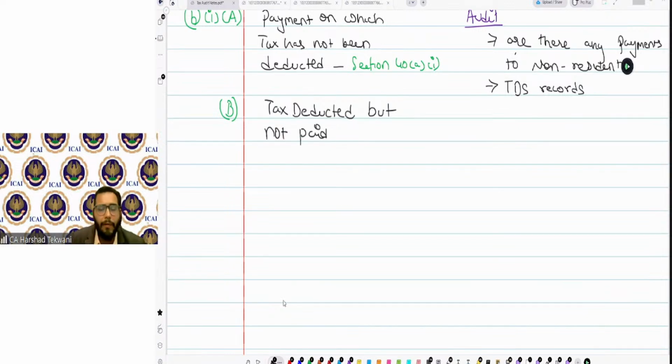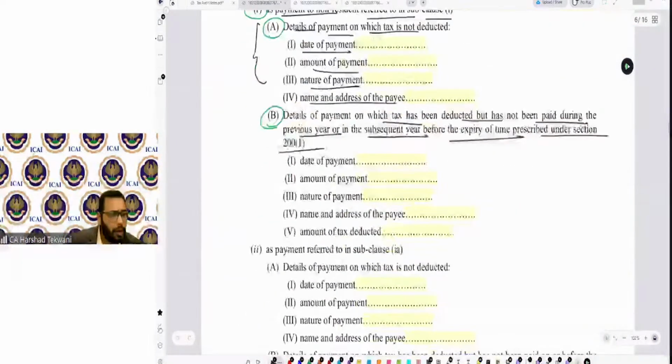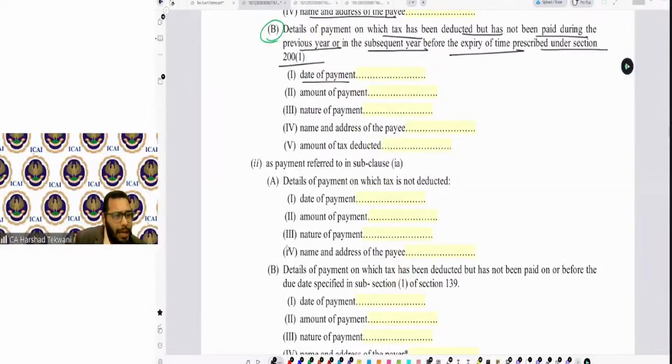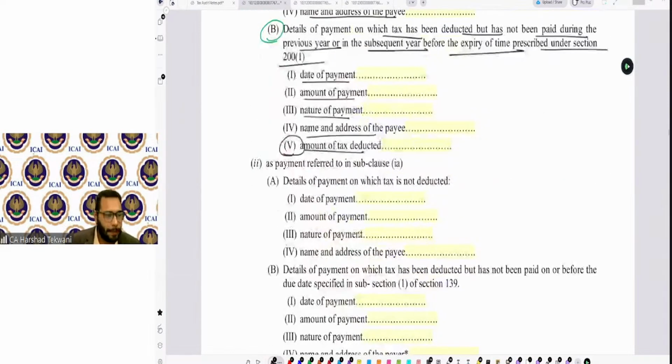Again, you can verify from the TDS records, TDS returns, whether any such amount exists or not. Over here also, you need to provide the date of payment, amount of payment, nature of payment, name and address of the payee, and amount of tax deducted. Here, this is the additional point compared to A. Because in A, we are saying on which payments tax is not deducted, but in B, I'm saying tax deducted but not deposited.